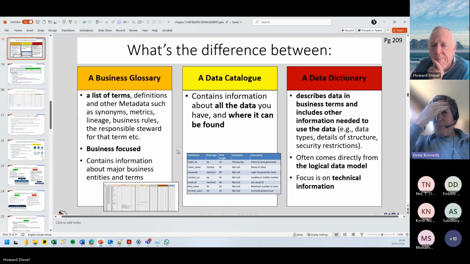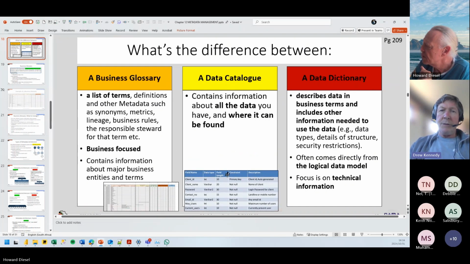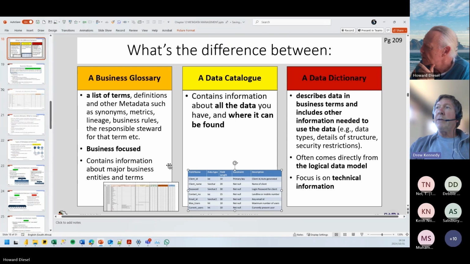Then the very useful one, the catalog, is where typically where I've seen it used very well is any kind of data lake environment, where there's analysis and storage of both structured and unstructured data flowing in from multiple sources.